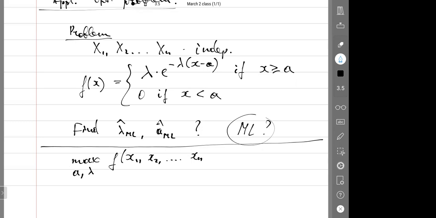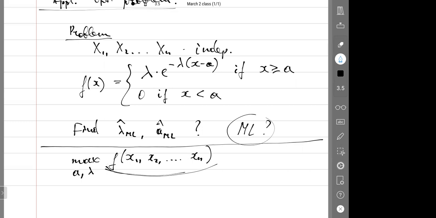As we have observations, we maximize this joint density. I think that's all from probability theory that we need.